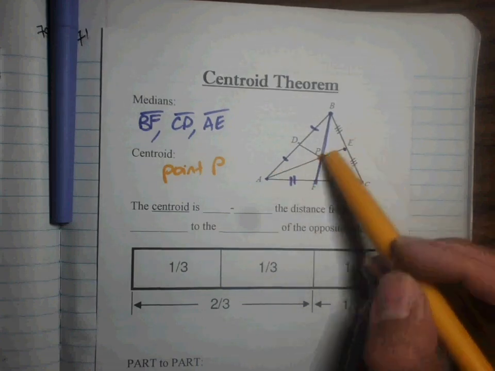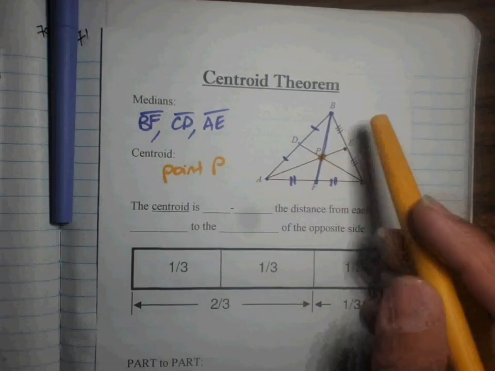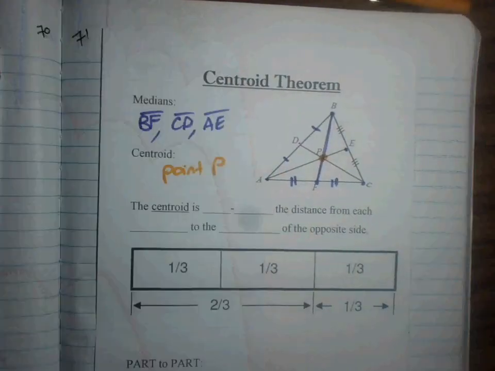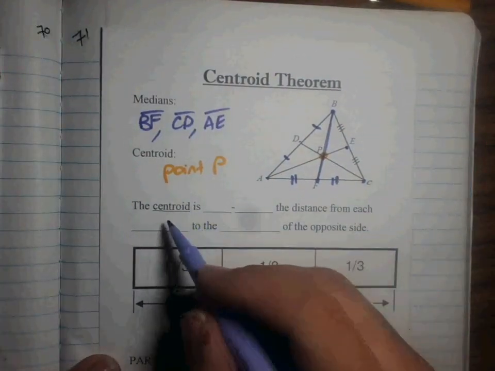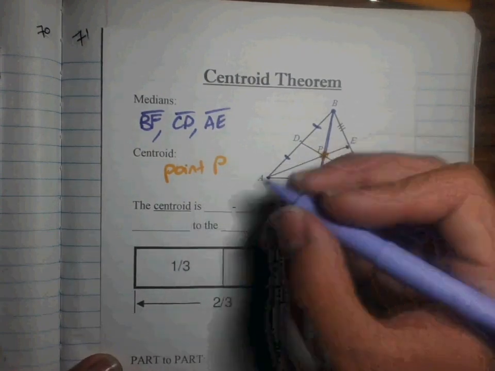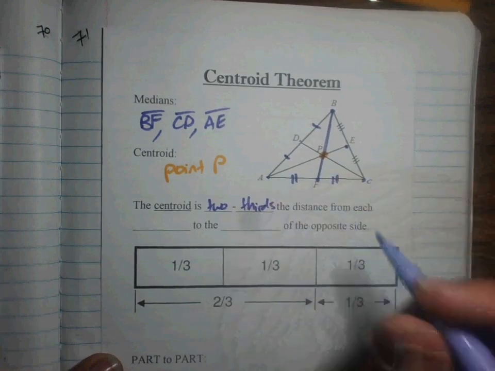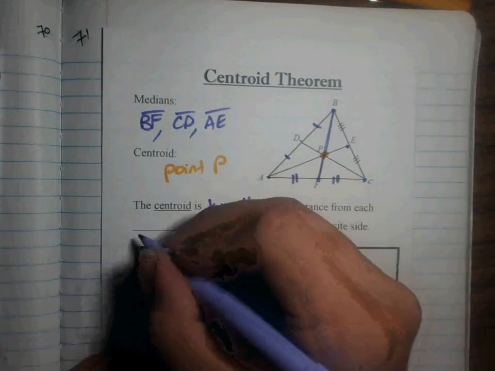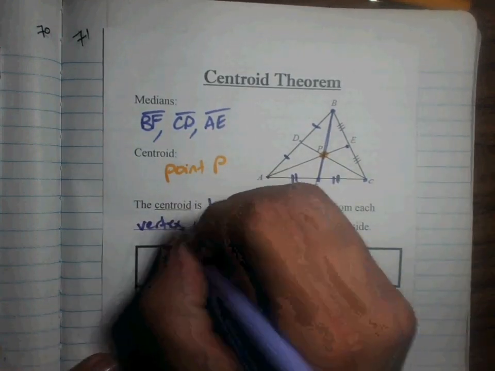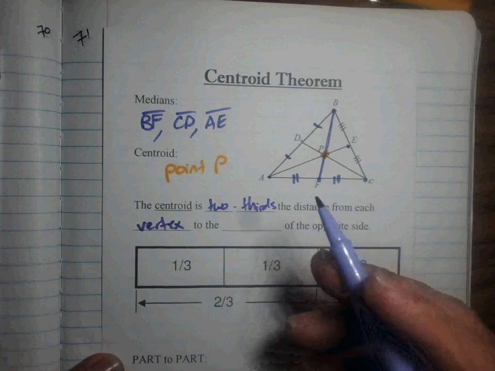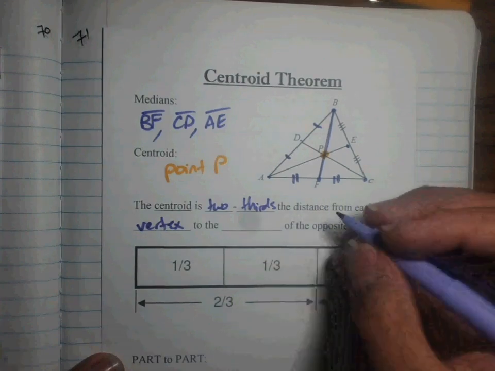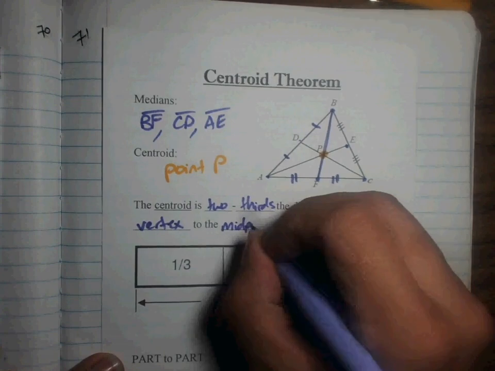The actual theorem behind it, the main focus, is that the centroid is 2/3 the distance from each vertex to the midpoint of the opposite side.